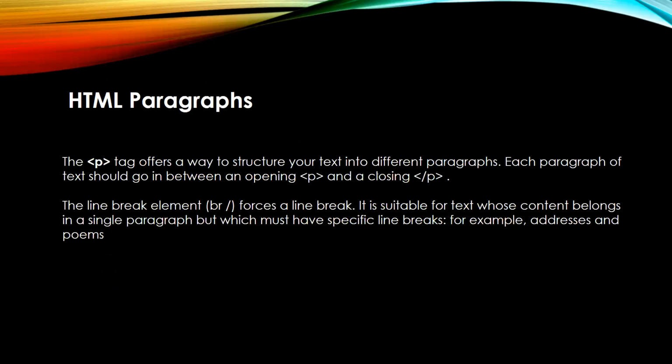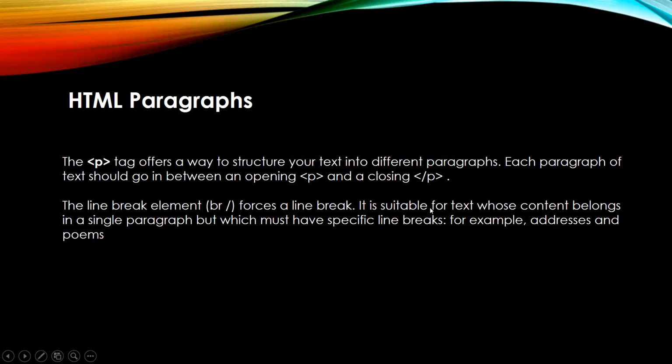Now paragraph. The P tag offers a way to structure your text into different paragraphs. Each paragraph of text should go in between an opening and closing P. So this is the syntax. The line break forces a line break.